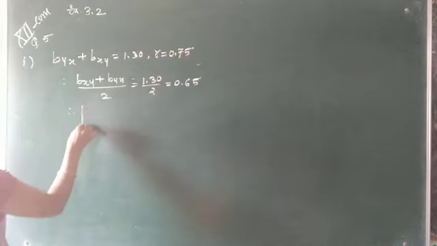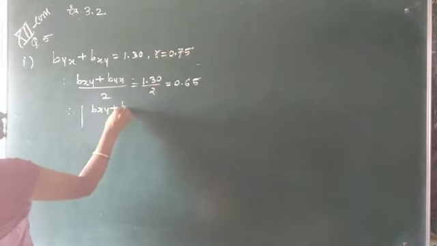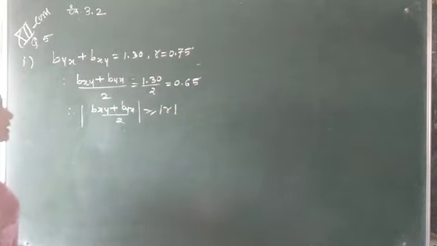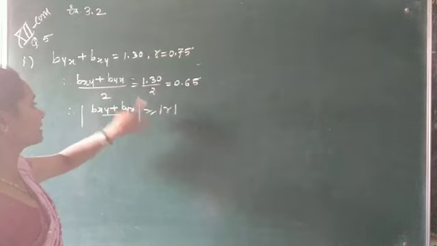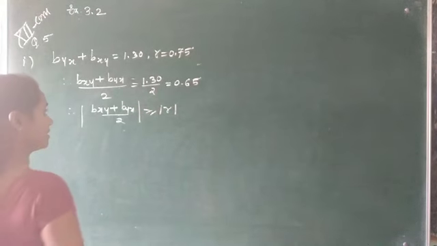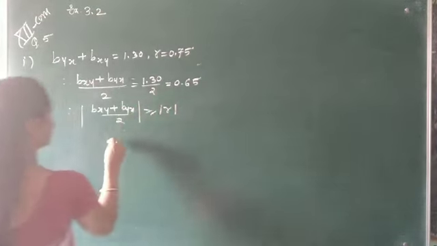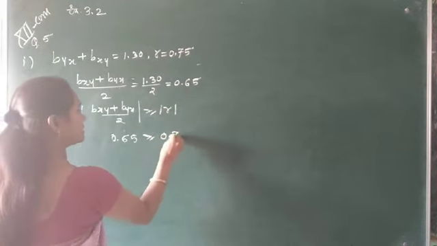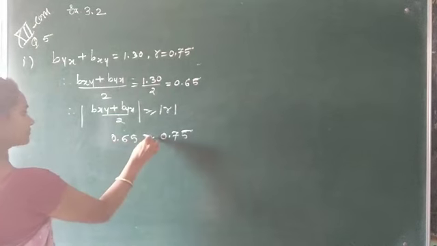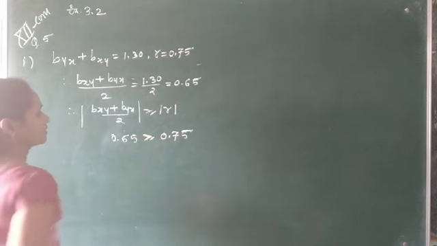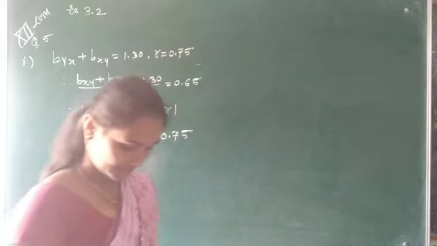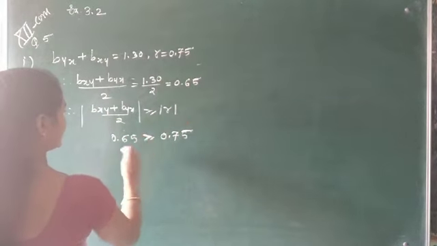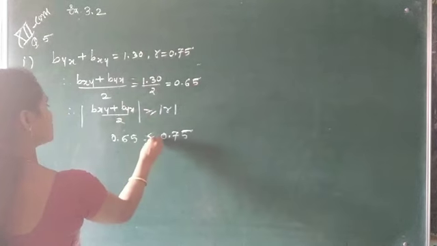All of you know this property: the modulus of (bxy plus byx) upon 2 is always greater than or equal to the value of r, the correlation coefficient. Since here this value is 0.65 and the value of r is 0.75, this condition is not satisfied.